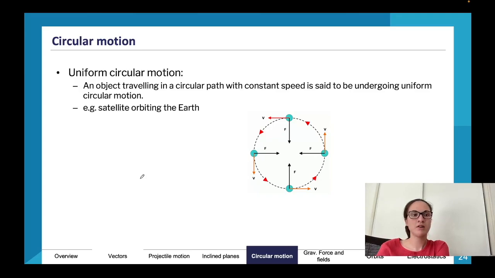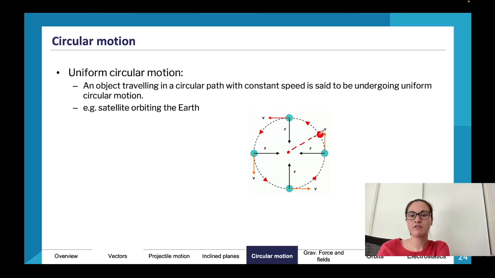Yeah, so I'll just explain what circular motion is. So we've got uniform circular motion. It is an object traveling in a circular path with constant speed. It's said to be undergoing uniform circular motion, such as a satellite orbiting the Earth. So as you can see here, say you've got a stick with a string that goes out to the edge, like when you're a kid and you've got a ball on a string and you just twirl it round and round like a helicopter.